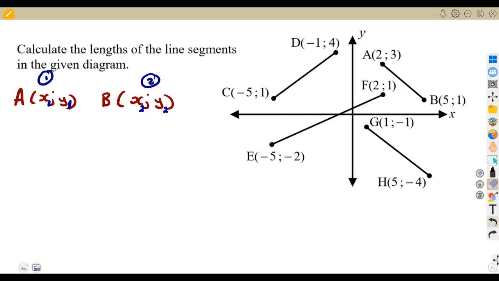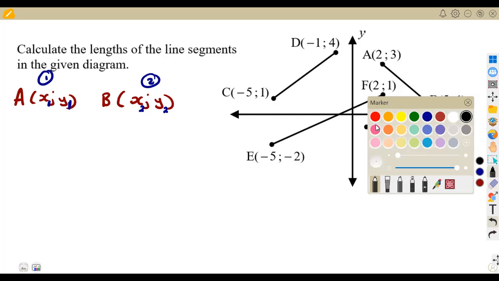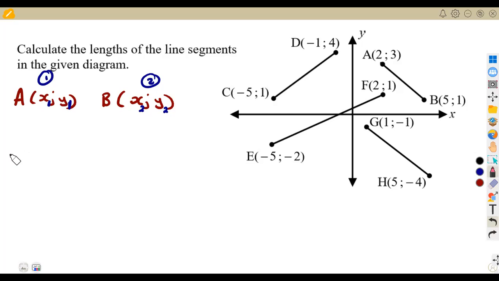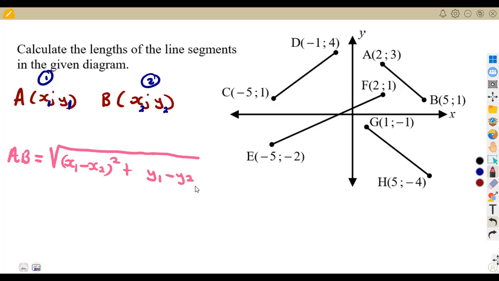Why do you have to consider that? Because it gives us this formula for the distance, which is the length of a line between 2 points A, B, given that way. So this is the formula that you're going to use: (x1 minus x2) squared, you subtract the x values, plus you do the same on the y values, (y1 minus y2) squared, like this.